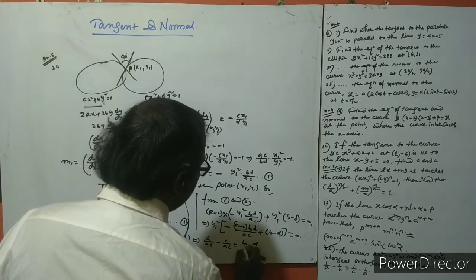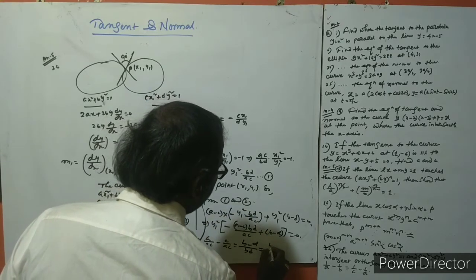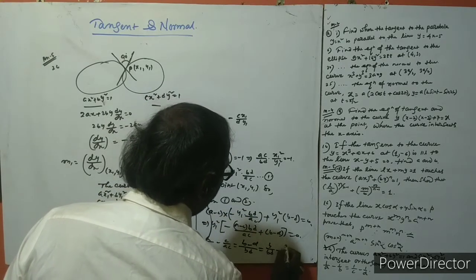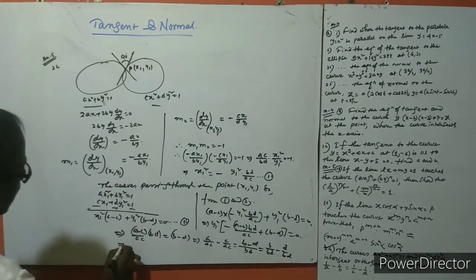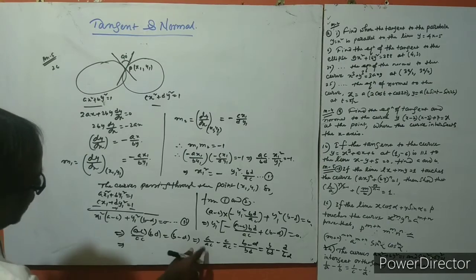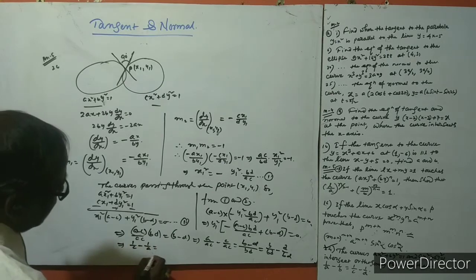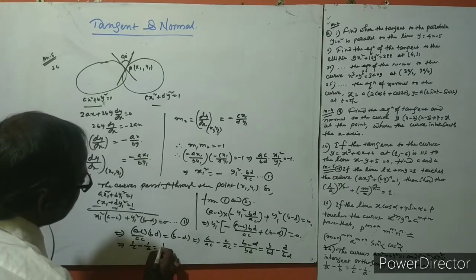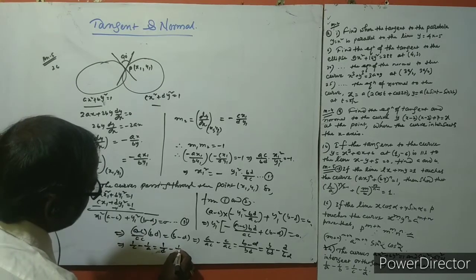Okay, b minus d by bd can be written as b by bd minus d by bd. So again, write here: 1 by c minus 1 by a is equal to 1 minus d, and this is 1 minus b here.